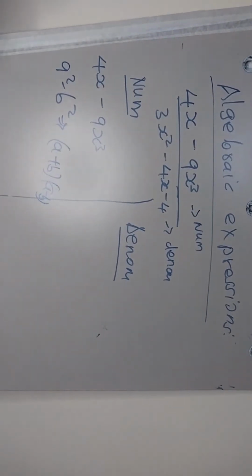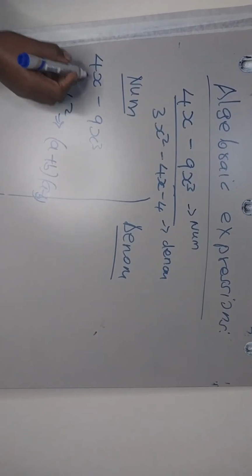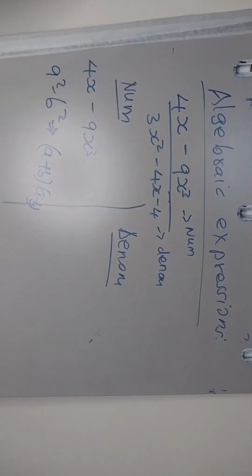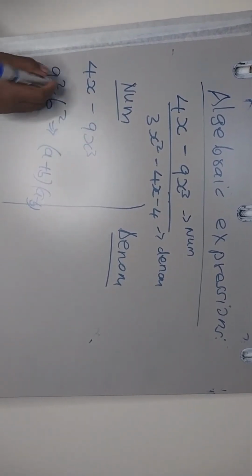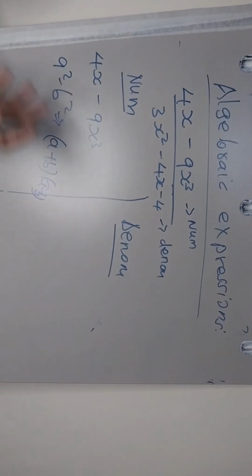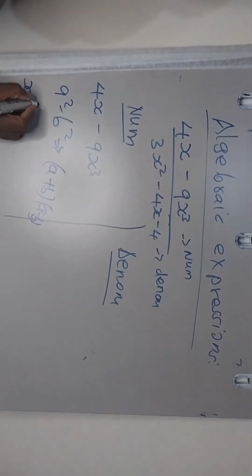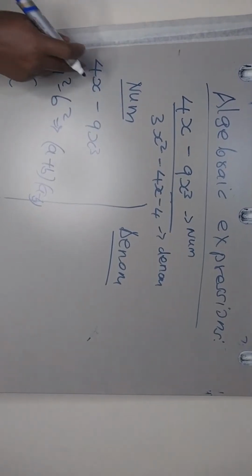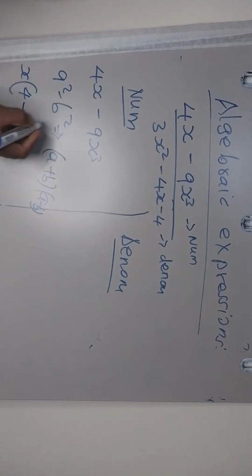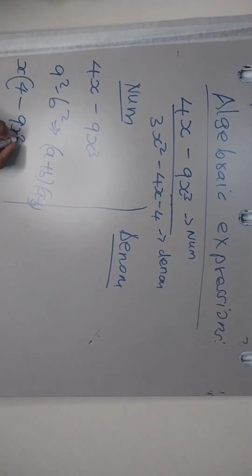Here, 4x and 9x cubed is not a perfect square, but we can find what is common. x exists in both. After taking out x, we remain with 4 minus 9x squared.